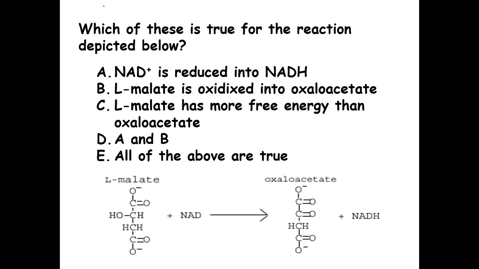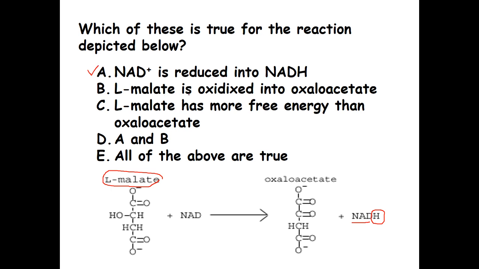So this one, like I said, is a real life example. So you're looking at this molecule here, malate, right? And you can tell at the end of the reaction, the NADH gained an electron, right? So you know that NADH is reduced because it gained an electron.